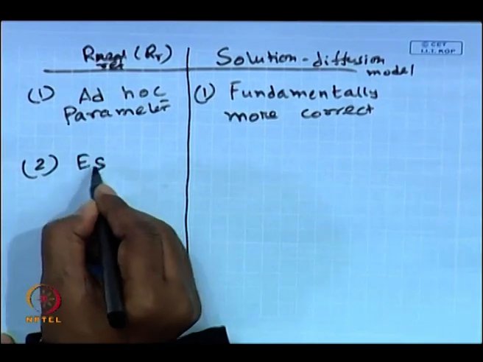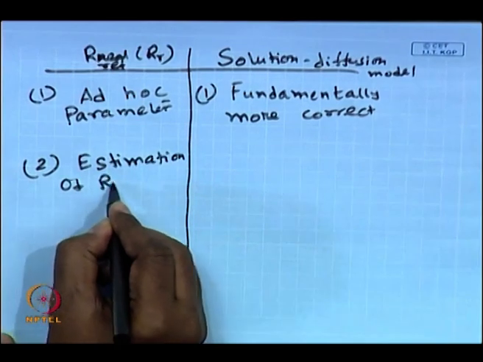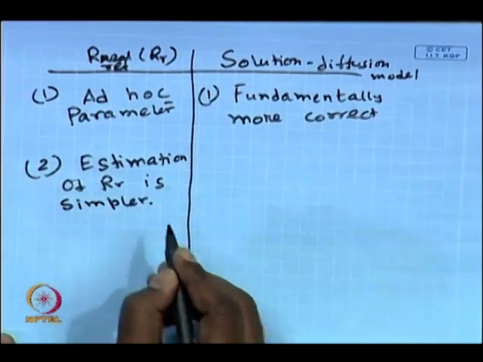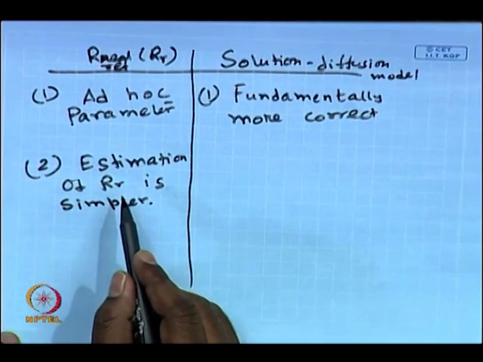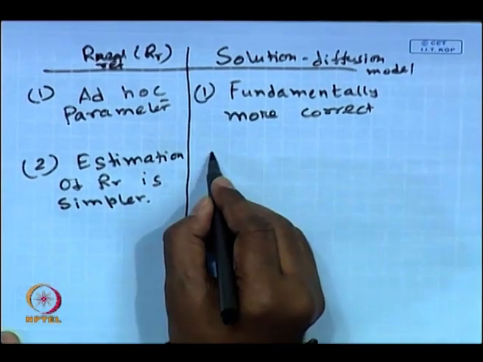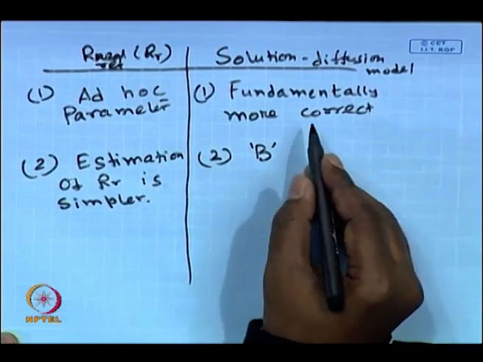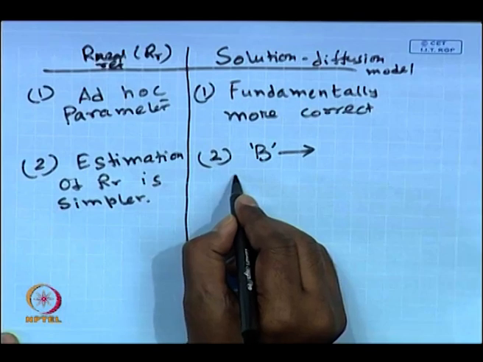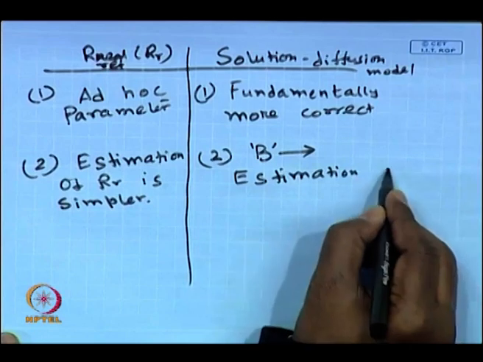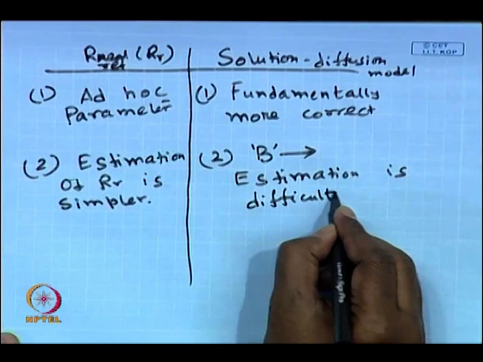On the other hand, estimation of real retention is simpler. And most importantly, it can be estimated from a separate set of experiments. On the other hand, the estimation of the solute permeability through the membrane, the parameter B, is difficult. Why is it difficult?